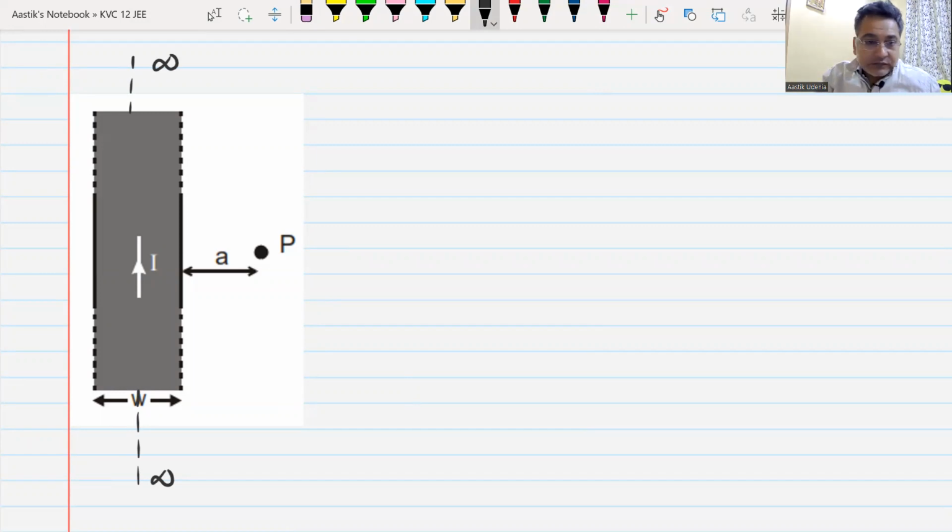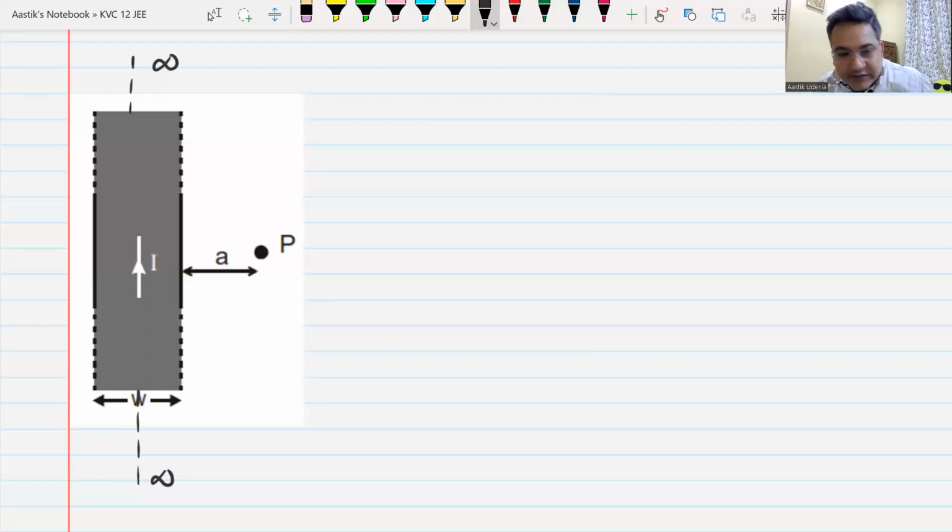Now, it carries a total current I. This total current is uniformly distributed along the width. So if you take a small width, delta W or dW or dx, it will have current I by W into dx. Remember, whenever a question of current or magnetic field comes, they may give you current per unit length.